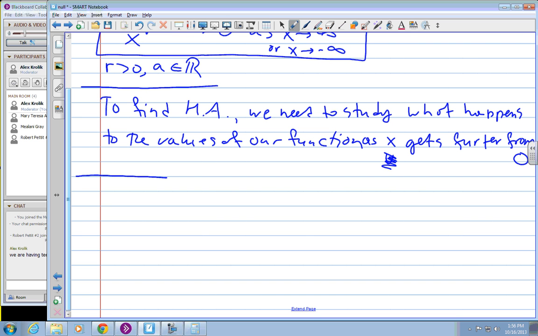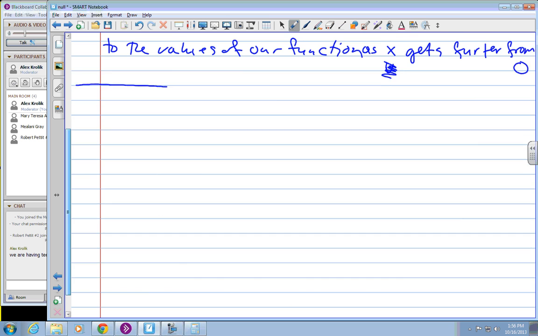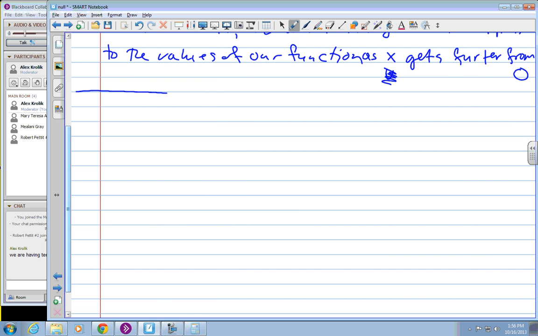So let me give you 3 different cases. Let's say we have this problem. Let's just go back to our first question: x minus 3 over x squared plus x minus 2. Again, we want to know what happens to this function as x gets really big or really small. That's the job here, to find the horizontal asymptote. So one way to do that is to look at the degree of your denominator.